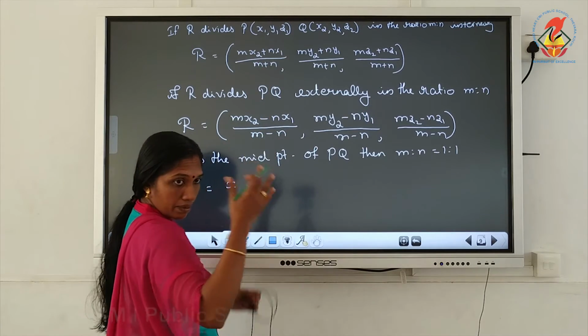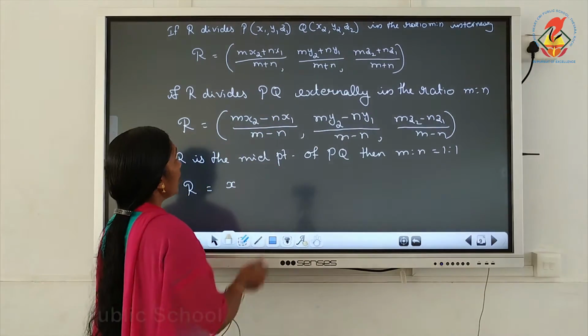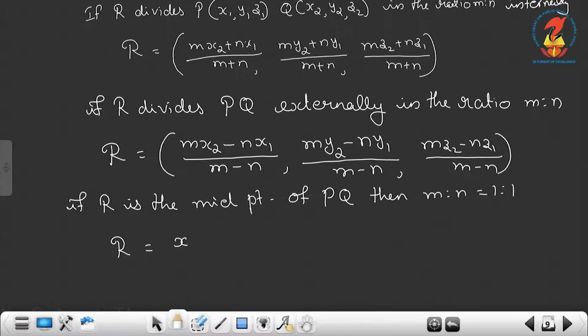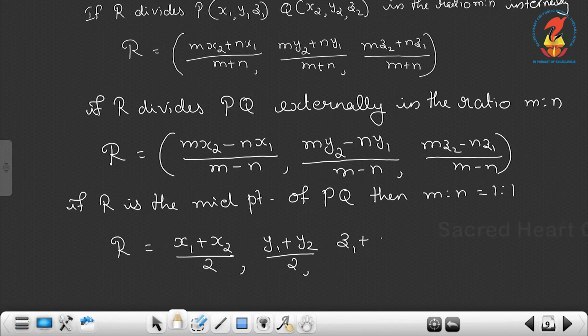Midpoint means it is in between P and Q. So here mx2 plus nx1 becomes (x1 plus x2) by 2, with m and n being 1 and 1. Then the next is (y1 plus y2) by 2 and (z1 plus z2) by 2 if R is a midpoint of PQ.